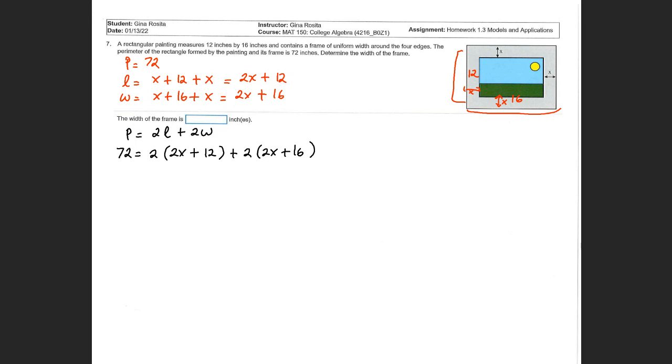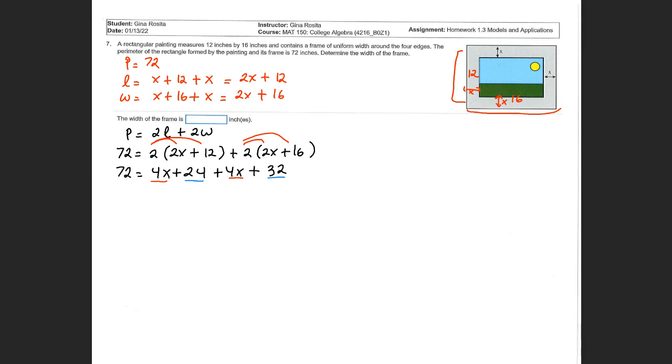Now we solve. Distributive property, remember? So we get 72 equals 2 times 2x, which is 4x, plus 2 times 12, which is 24, plus 2 times 2x, 4x, plus 2 times 16, which is 32. Now combine like terms: 4x with 4x, and 24 plus 32.